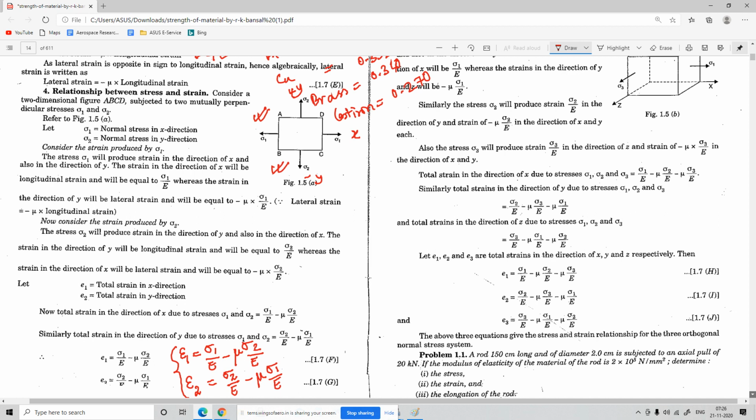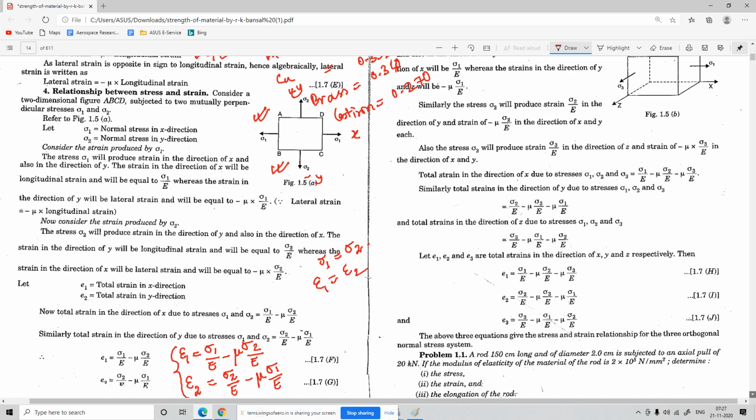If sigma 1 is equal to sigma 2, and the material is the same, then what will happen with epsilon 1 and epsilon 2? What will be the formula for epsilon 1 and epsilon 2? Sigma by E into 1 minus mu. So can I say epsilon 1 will also equal epsilon 2?